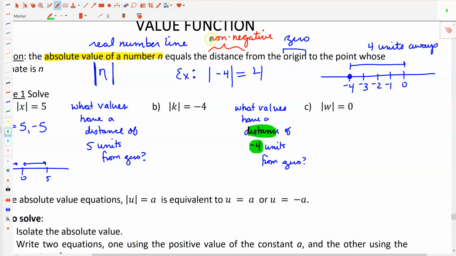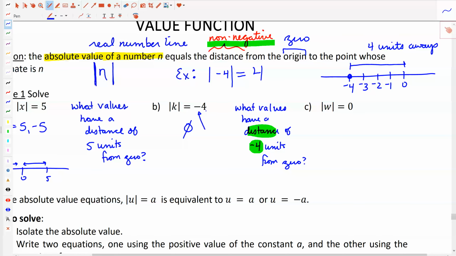Distance is going to be non-negative. It can be positive or it could be 0, but distance cannot be negative. So the nature of what's being asked here doesn't make any sense. What values will satisfy this distance requirement? Nobody will. So we would respond no solution. The issue here is the sign, the fact that I have this negative over here.